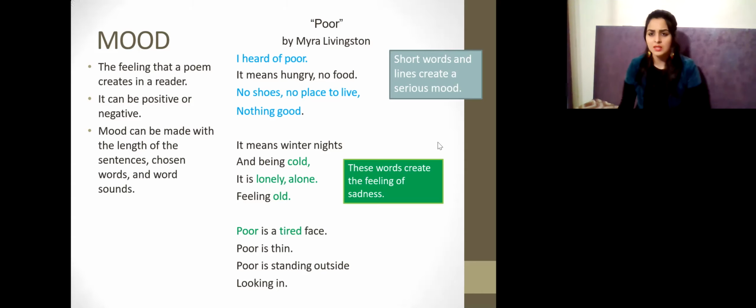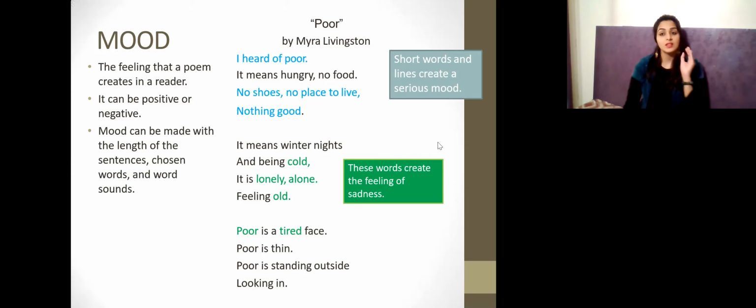Now, whenever you are sad, for example, or anyone who is sad, they don't talk too much, right? Nobody will like to jabber whenever we are sad. Similarly, in a poem, when a sad mood is shown, it's not written in too much detailing. In very short words, in short lines, everything is written. For example, I heard of poor, it means hungry, no food, no shoes, no place to live, nothing good.